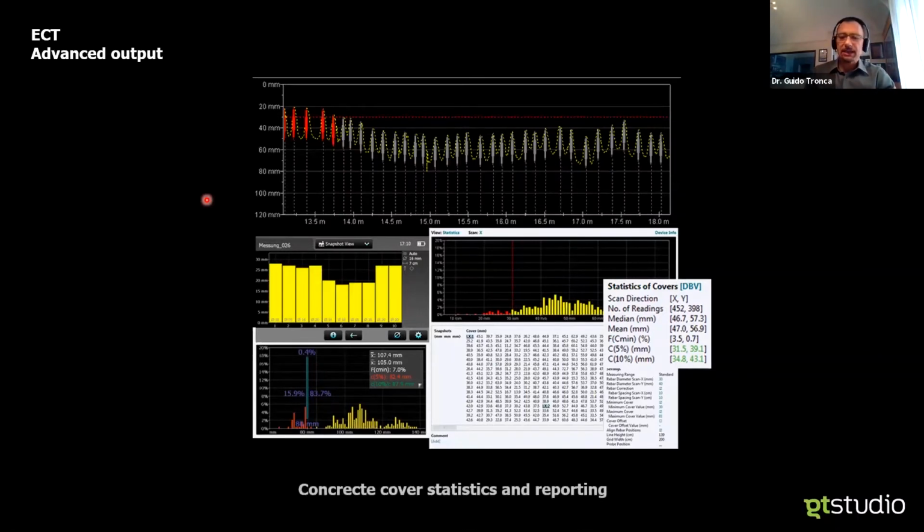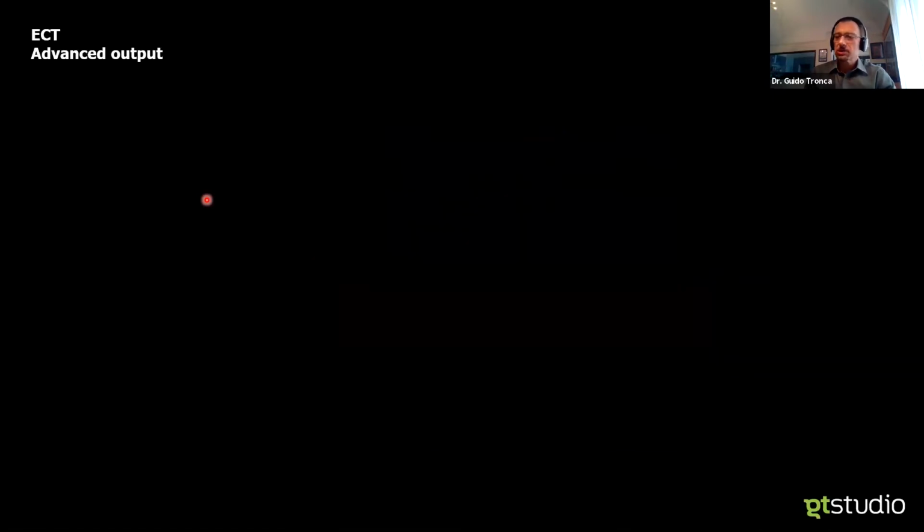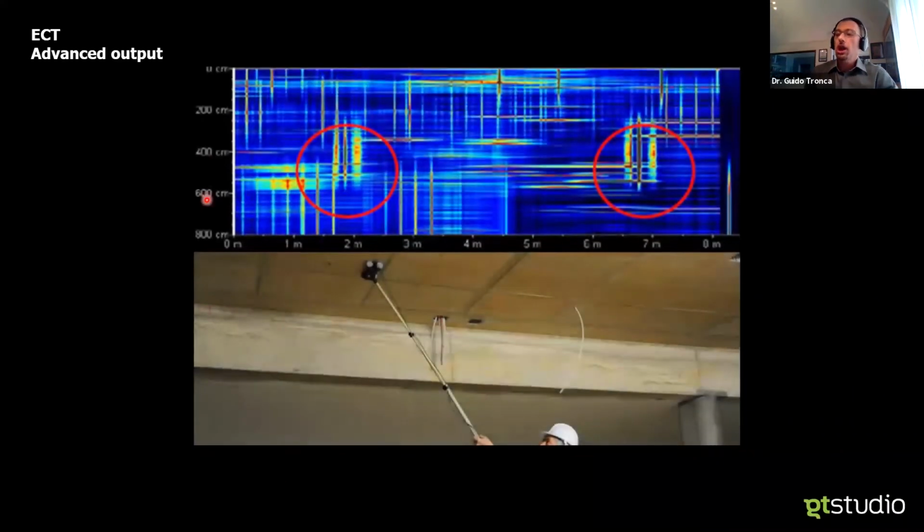Of course, it can also be used for large investigations, and this is just a way of looking at the data in terms of raw signal. In this case, you could highlight the nodes of the beams with the pillars as seen from the slab, and check areas with insufficient cover.